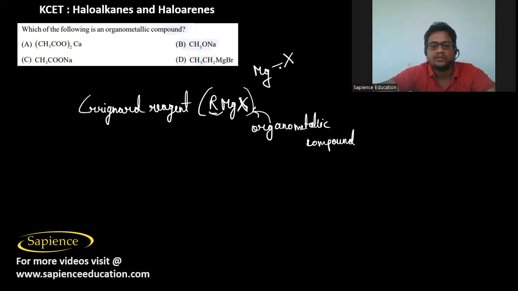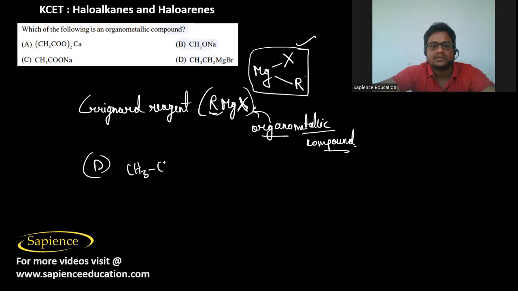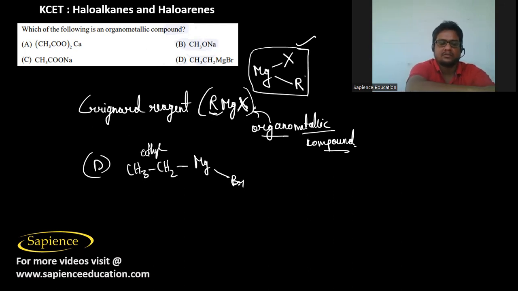So magnesium is covalently bonded with the halogen and with the alkyl group. Then only it is called the Grignard reagent, and it is an example of an organometallic compound. For example, in option D, the CH3CH2, which is the ethyl group, is attached to Mg and Br to form CH3CH2MgBr, which is the Grignard reagent. So option D is the correct answer.